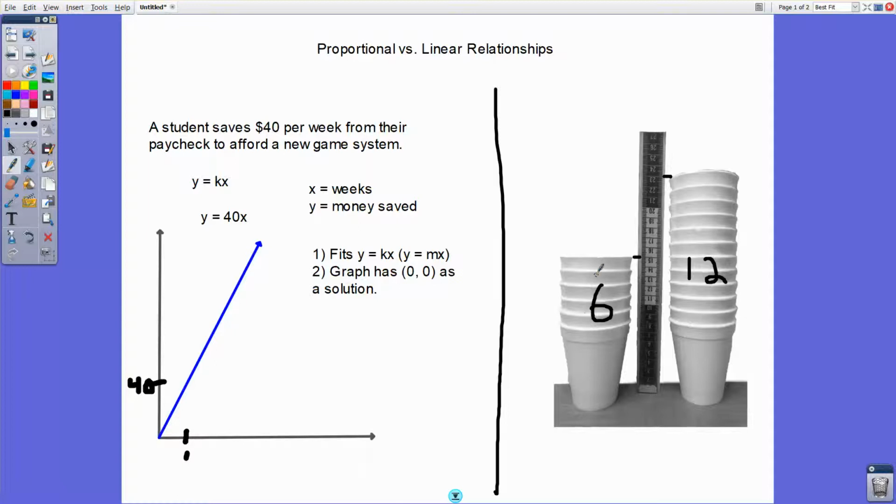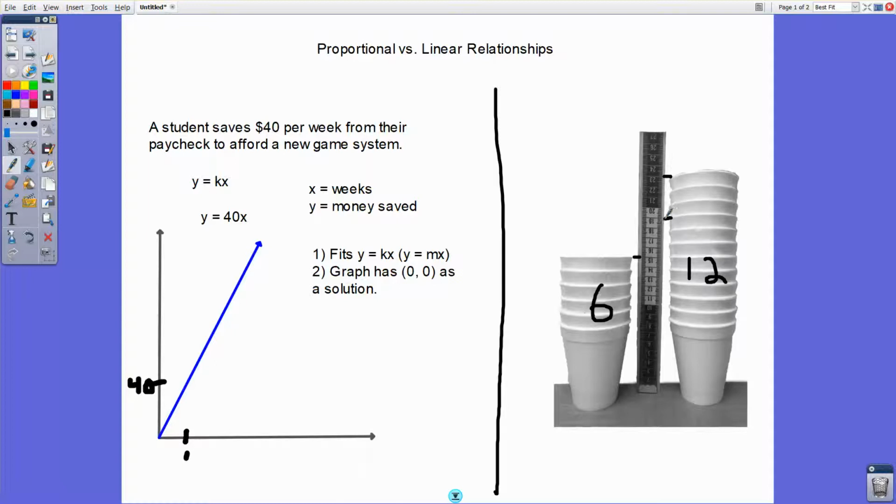However, if we consider what happens when we add 1 cup to the stack, the height does increase by a constant amount. Every time I put 1 cup on, I'm getting a little more than 16 centimeters in height. Then I put another cup on, a little more than 17 centimeters, but close to 18. And then right here, it looks like exactly 19, right?